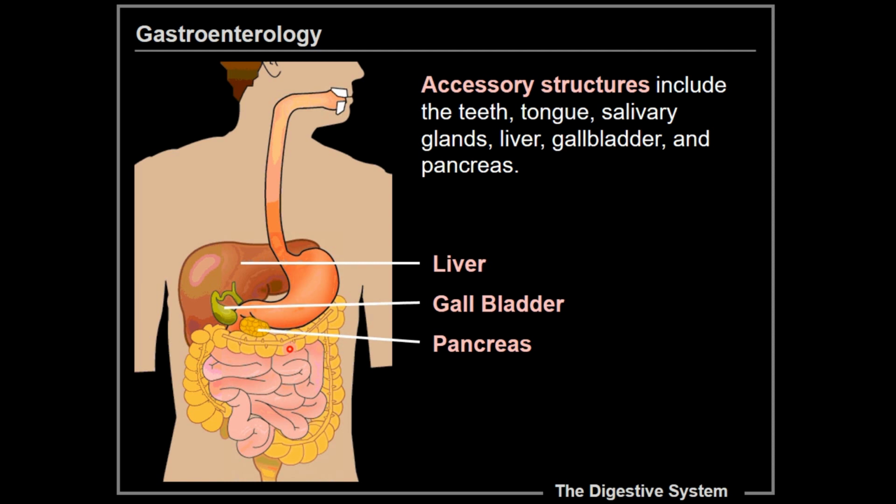Some of the accessory structures would include your liver, this big guy right here, and the gallbladder, and we'll talk more about the gallbladder in one of the next lessons. The gallbladder is the storage organ for bile that is produced by the liver.